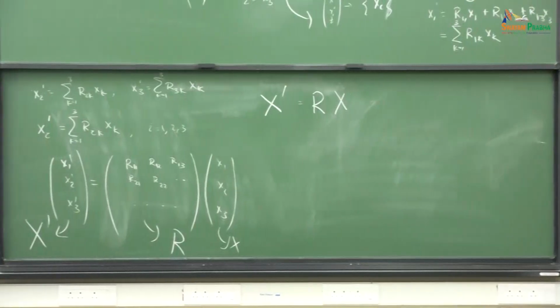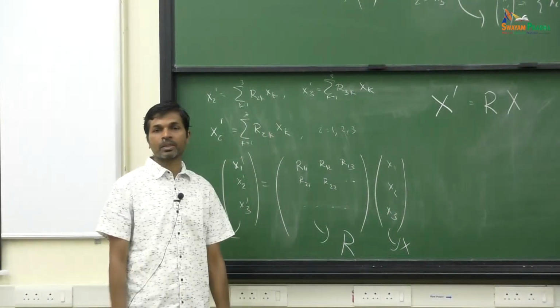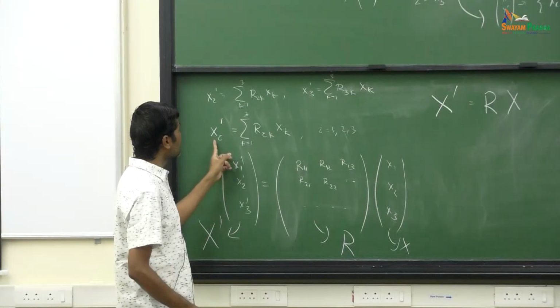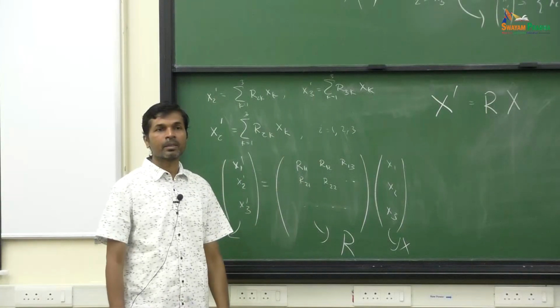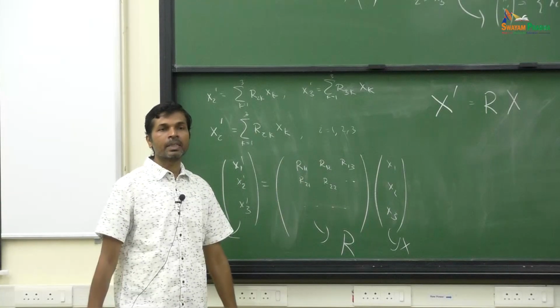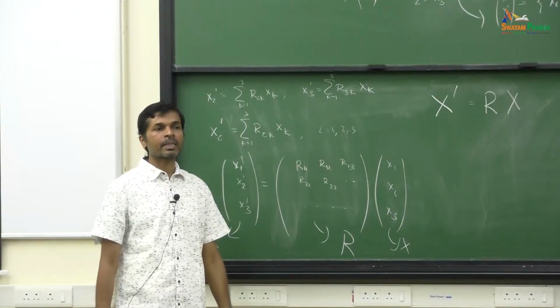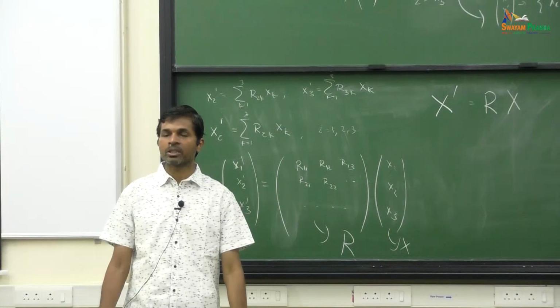But remember, this is the most general linear transformation, which relates the coordinates x prime, y prime, z prime with x, y, z. But we are not interested in an arbitrary linear transformation. We are interested in rotation. And what does the rotation do?